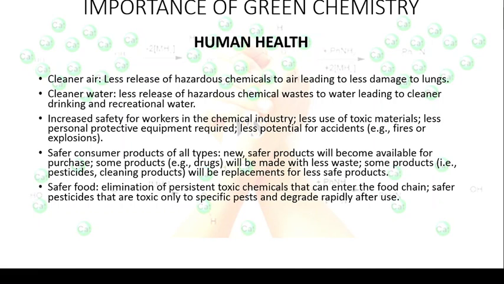Then safer food: in the food chain, different toxins, such as pesticides and insecticides in agriculture, or plastic material for wild animals, are avoided. Thus the entry of toxic substances into the food chain is avoided, and there is very little exposure to these toxic chemicals for living organisms.